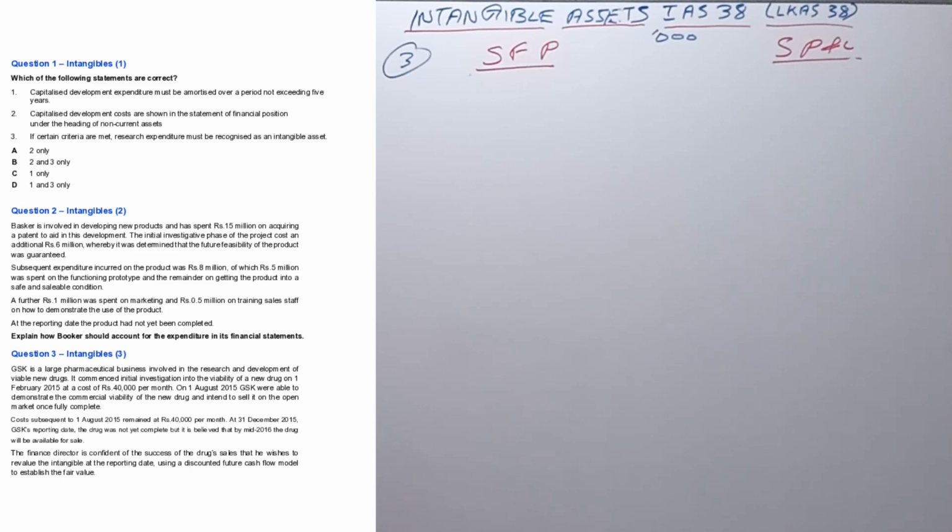On 1st August 2015, GSK was able to demonstrate the commercial viability of the new drug and intends to sell it on the open market once fully completed, but it is still not fully completed. Costs subsequent to 1st August 2015 remained 40,000 per month.